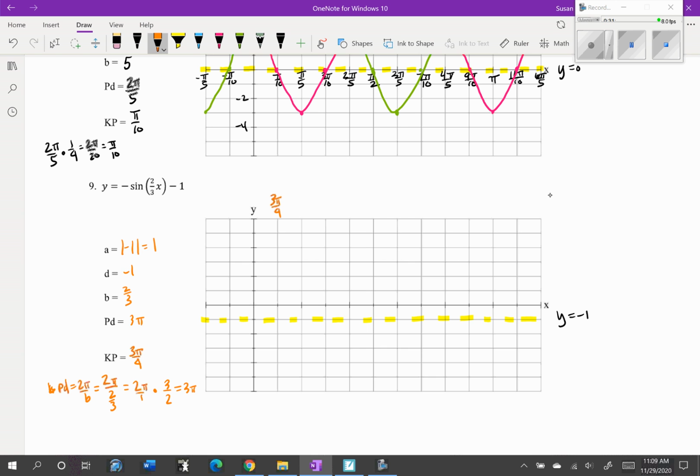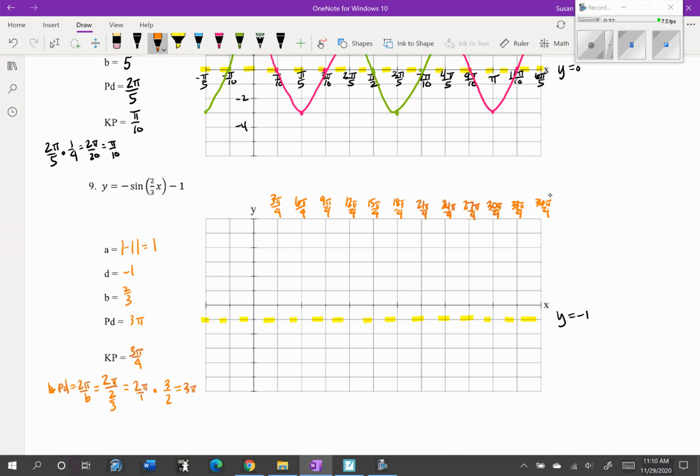So 3 pi plus another 3 pi would give me 6 pi over 4, 9 pi over 4, 12 pi over 4, 15 pi over 4, 18 pi over 4, 21 pi over 4, 24 pi over 4, 27 pi over 4, 30 pi over 4, 33 pi over 4, and 36 pi over 4.